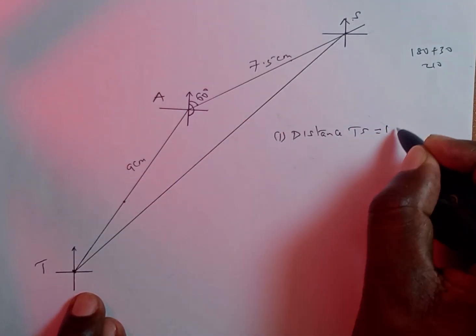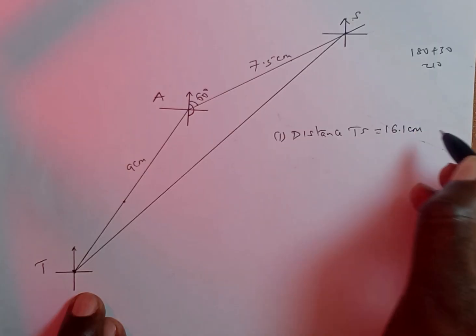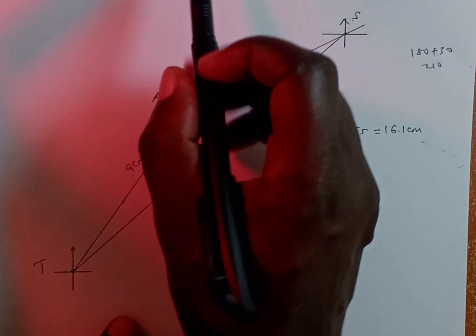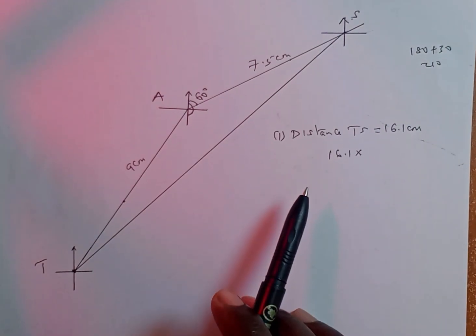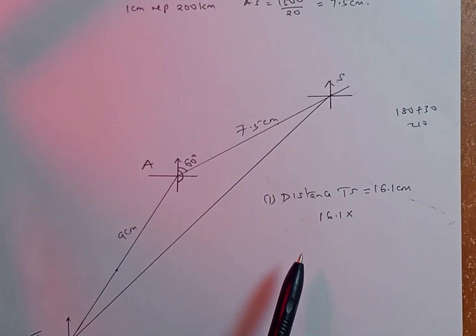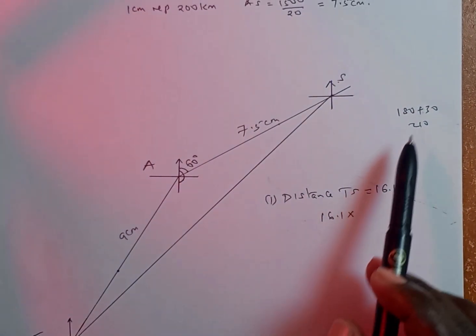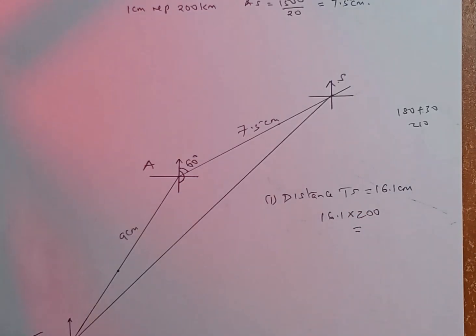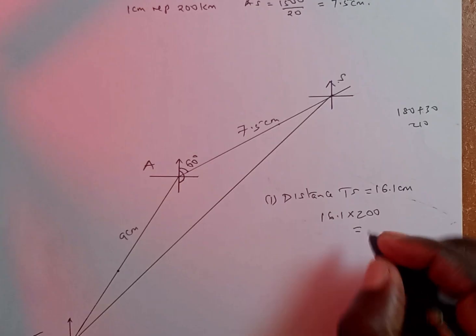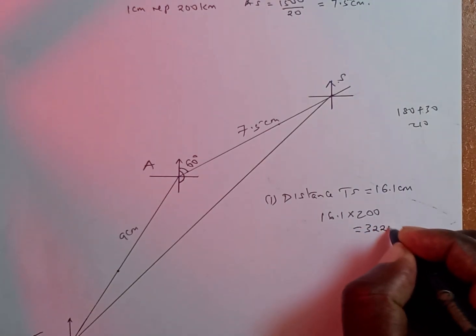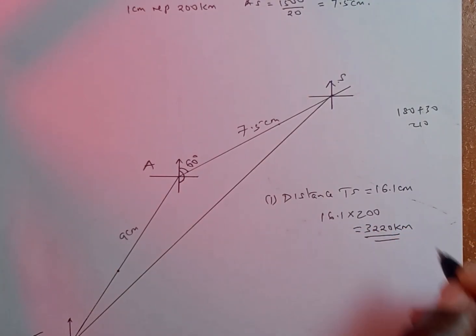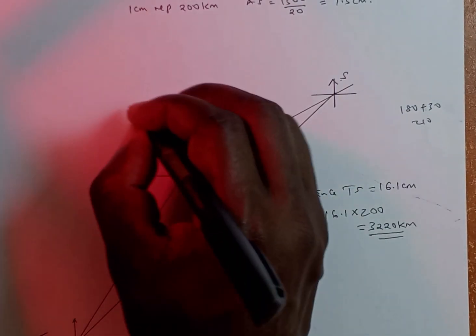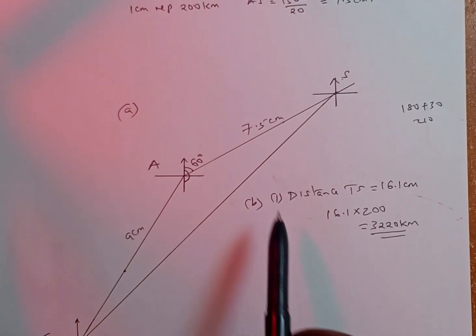The distance is 16.1 centimeters. We take 16.1, we multiply back. We are using the scale. Remember the scale we used is 1 centimeter to 200 kilometers, so we multiply by 200, and this gives us a distance of 3220 kilometers. Having done that, we are through with part B, because A was about drawing.